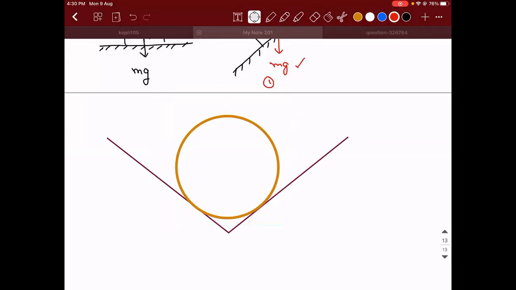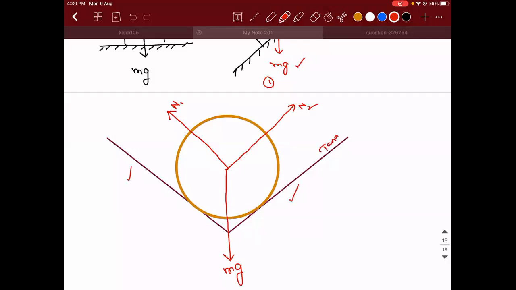If I keep the object in this way, and let's say this object has mass m, so weight will act in the downward direction. Then what will happen here? We'll have two normals. One normal is N1 and the other normal is called N2. Remember, for a circular object, the normal will always pass through the center because these surfaces are acting like tangents. So normal will pass through the center. I hope you're able to understand this, right? It will be like this.